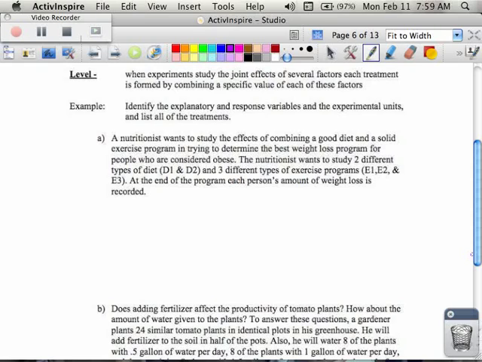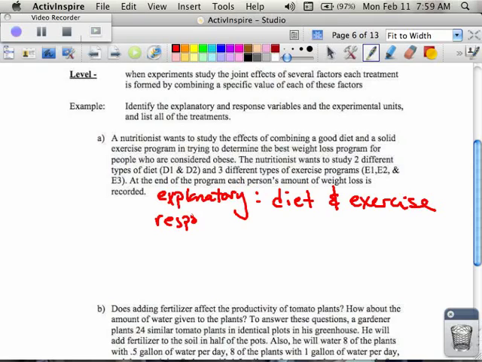So first of all, the explanatory variable is the diet and exercise. And then the response variable would be the weight loss.